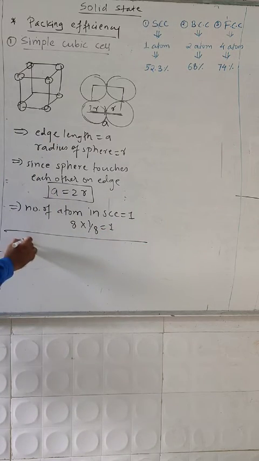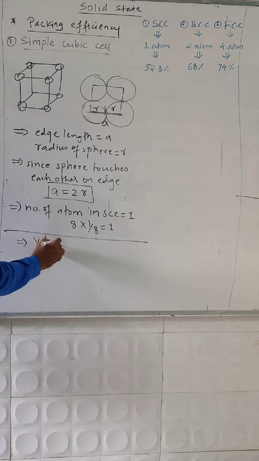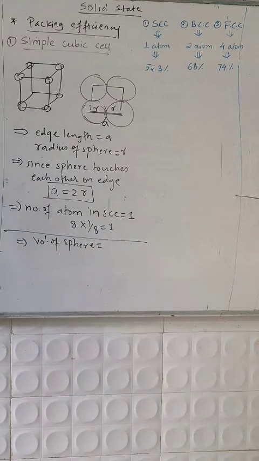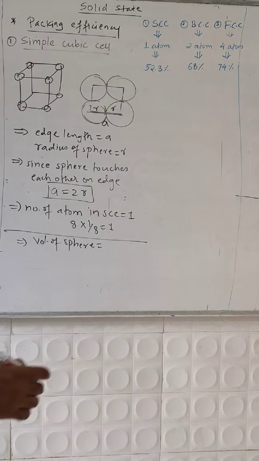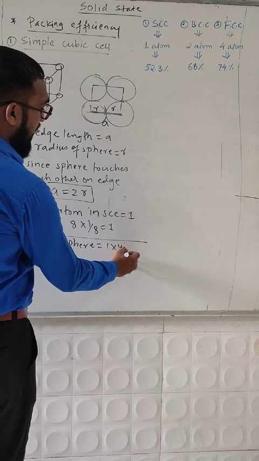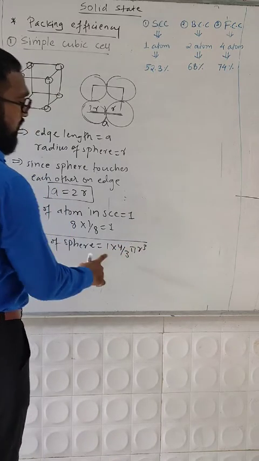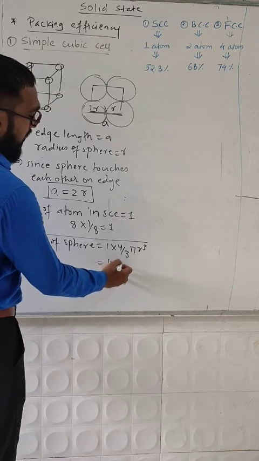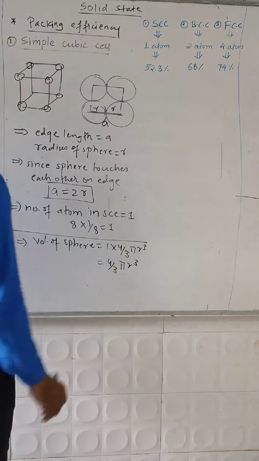Next, volume of sphere. In a simple cubic cell, one atom is present. So the volume of the sphere is 4 by 3 pi r cube. When one atom is present, the total volume of sphere will be 4 by 3 pi r cube.